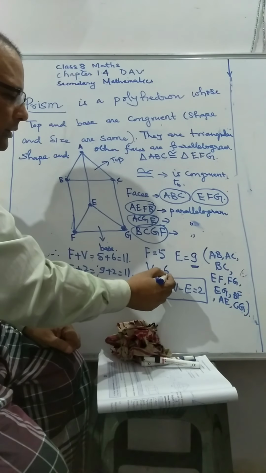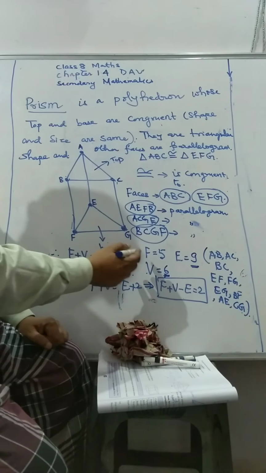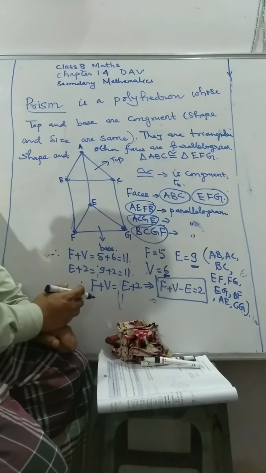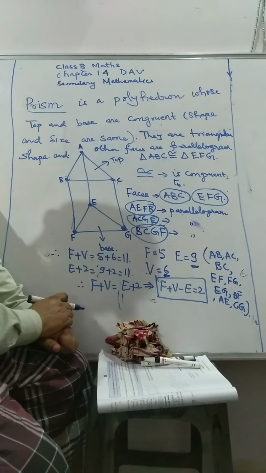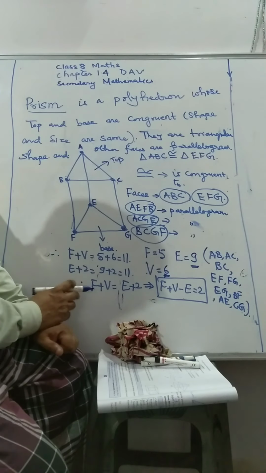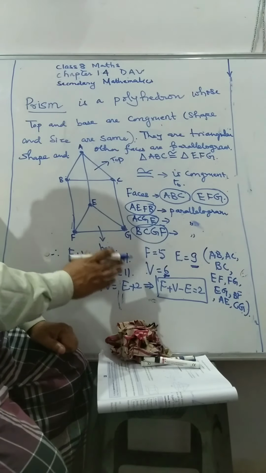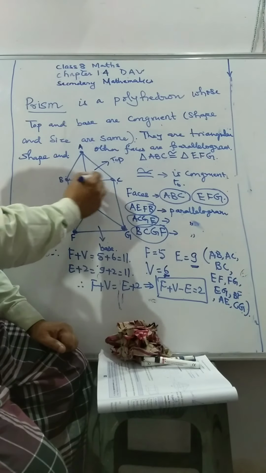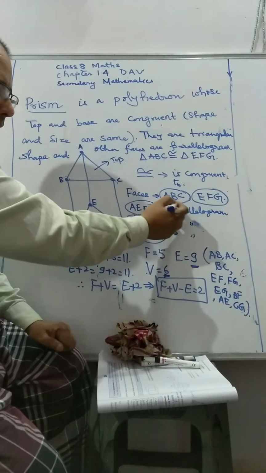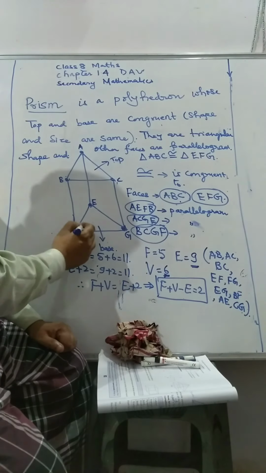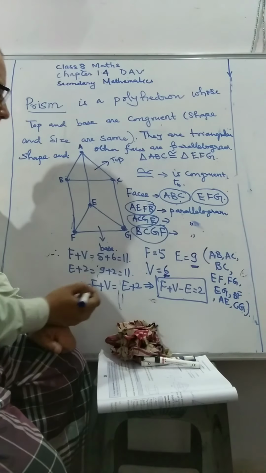Vertices are 6, and faces. Faces means the plane surface contained in the prism or polyhedron is known as a face. So ABC is a triangular face 1. Now EFG is also a triangular face.